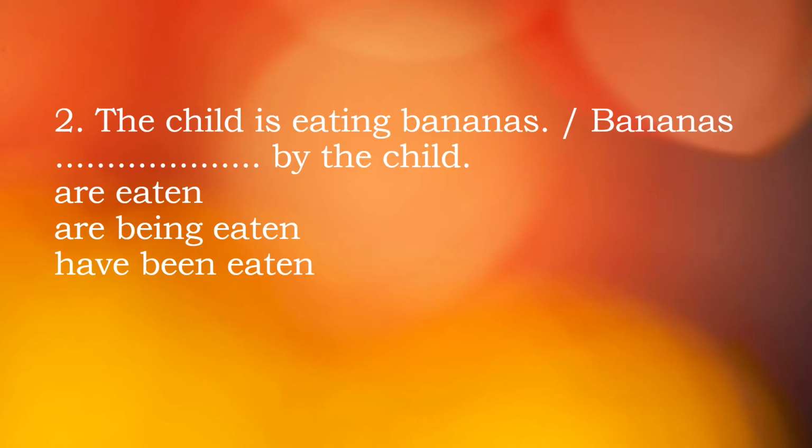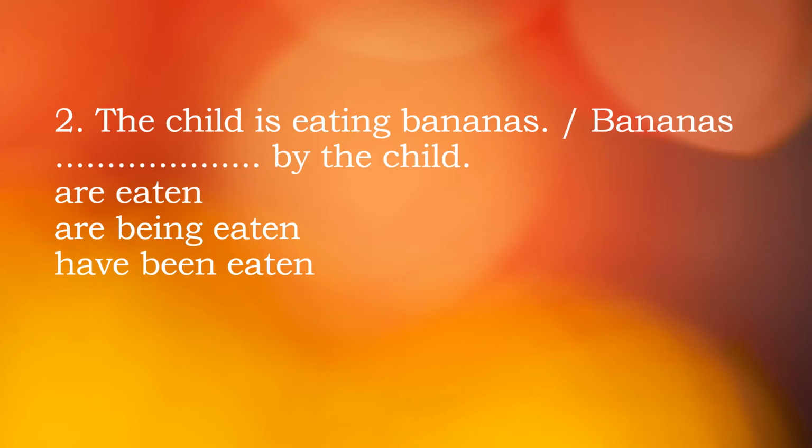The child is eating bananas. So what could be the answer of this? The child is eating bananas. It's actually continuous tense, and which continuous? As you notice, there is is, so it will be present continuous. So in this case, what is the structure to change the voice?